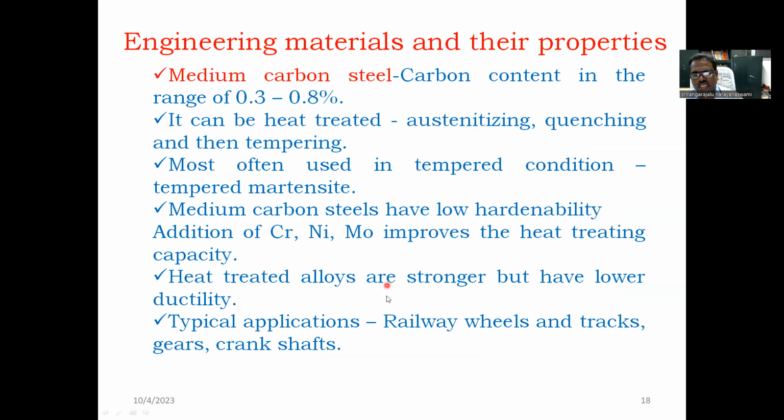Heat treated alloys are stronger but have lower ductility. Medium carbon steels are used for typical applications in railway wheels and tracks, gears, crankshafts, etc.